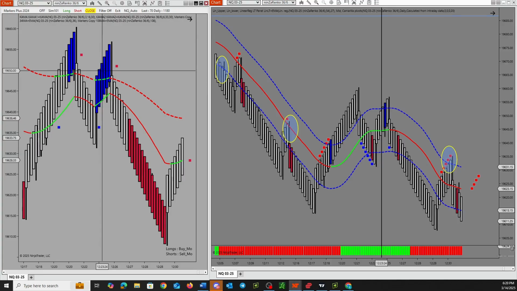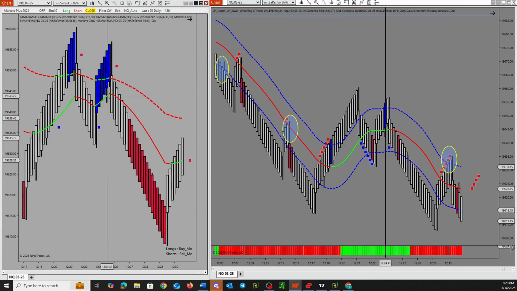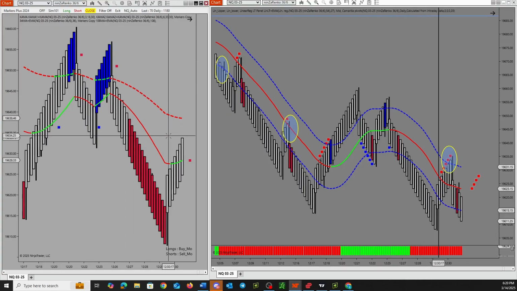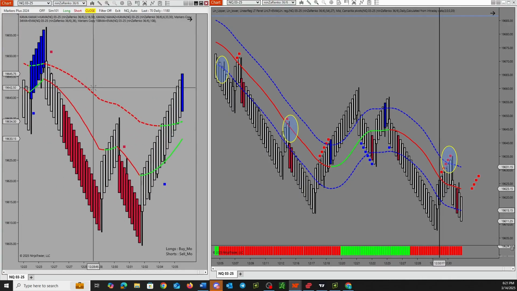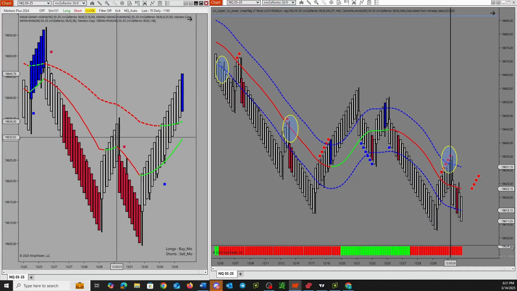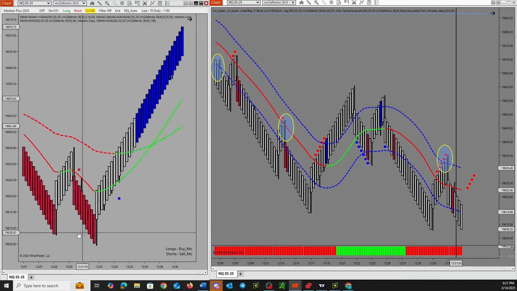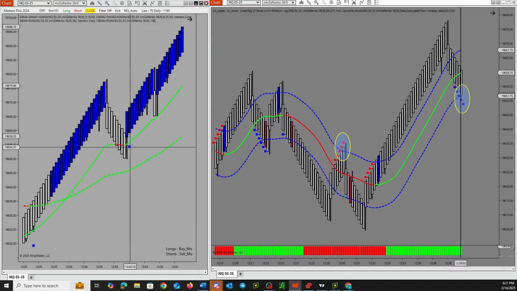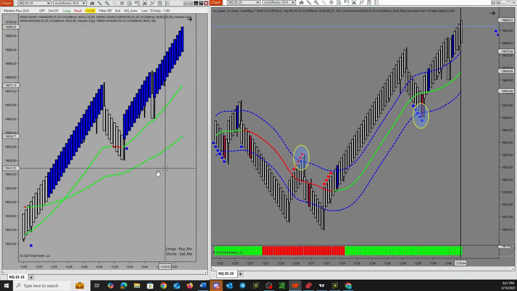So when they do that, if it's going to be a continuation, I treat this move here as a new move underneath the 108. We come back up, we catch it, and we go back down again. Beautiful trade there, just textbook.